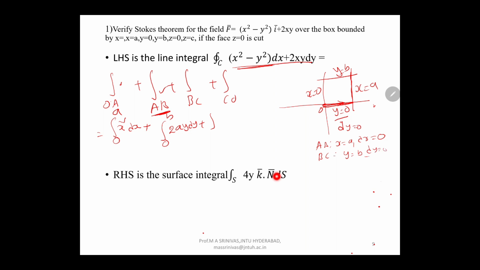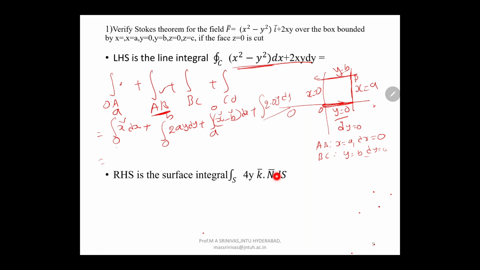So the second part will not be there. And along BC, x varies from a to 0, so x square minus b square dx, plus along CO x is 0, so dx is 0, so this part goes out and 2xy dy is 2 into 0 into y into dy, therefore this is anyway 0.